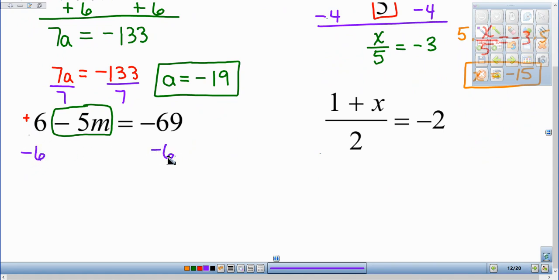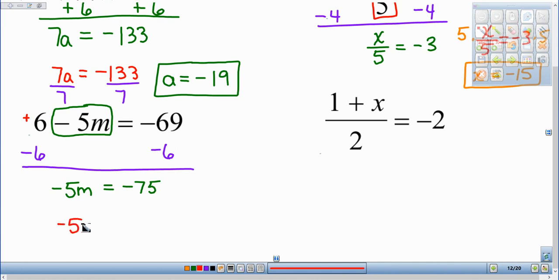We do that from both sides. 6 minus 6 cancels out, leaving me with my variable term of negative 5m equals, we have negative 69 minus 6 more, which is negative 75. That's because they're both negative, so they're working deeper into the negatives. They work together, and now we have negative 75.